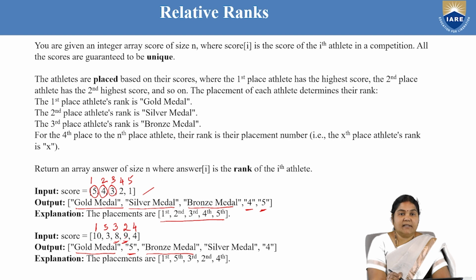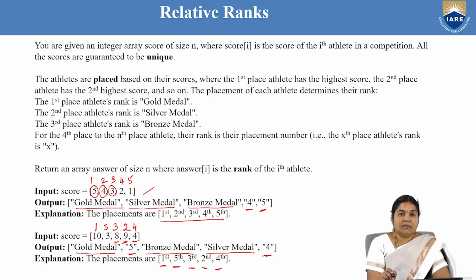For the athlete with score 9, it is the second highest score, so you should write silver medal. And for the last score, which is the fourth highest, you should write 4. I hope the question is understood. The placement of their ranks is first, then fifth, then third, then second, and then fourth. In the original order, you have to write down their ranks according to their original score order.